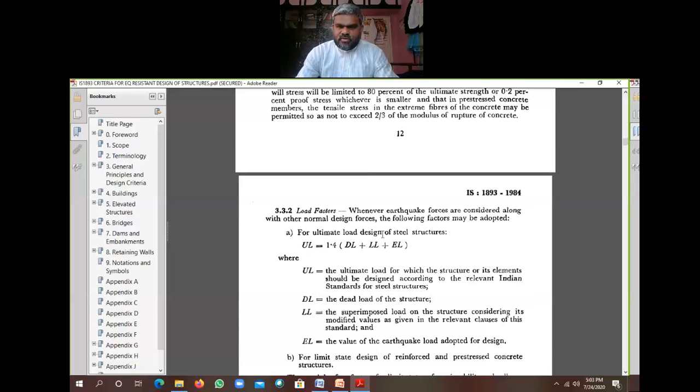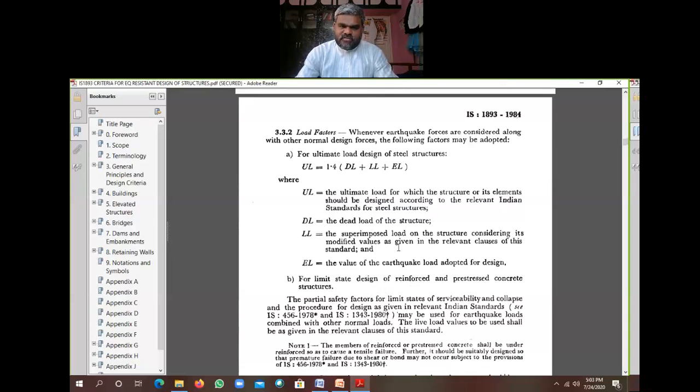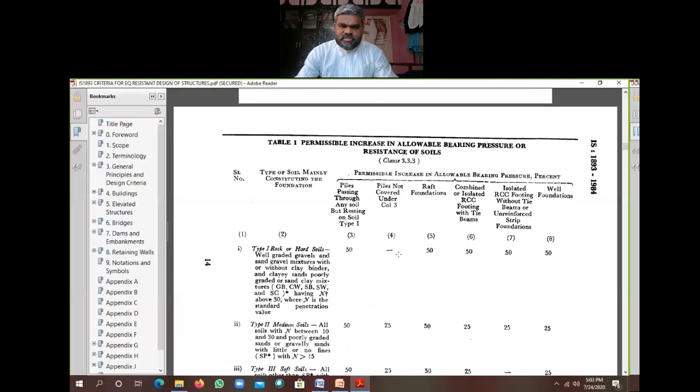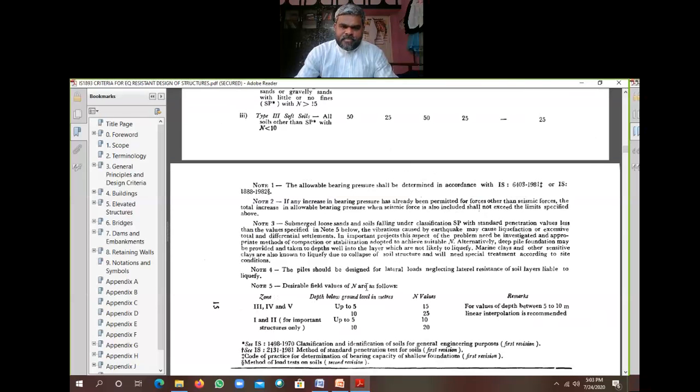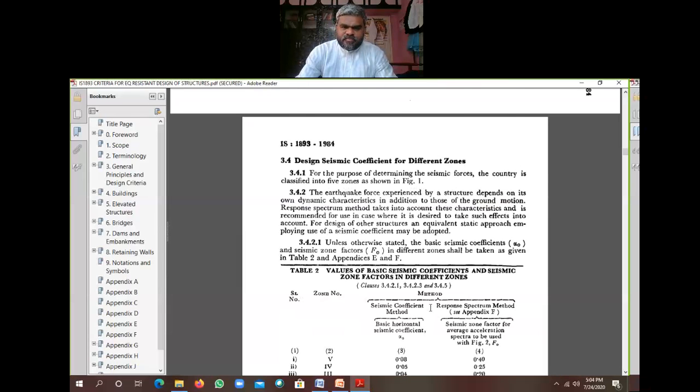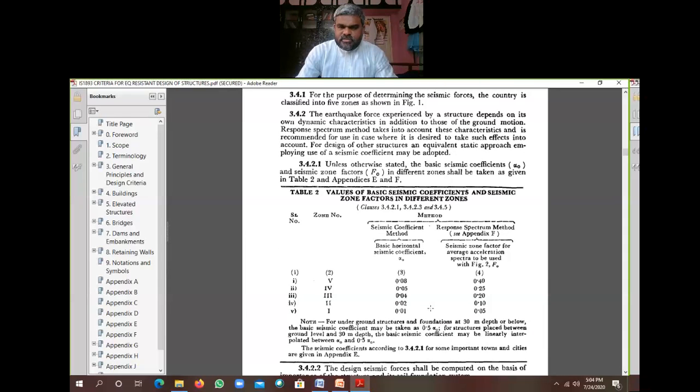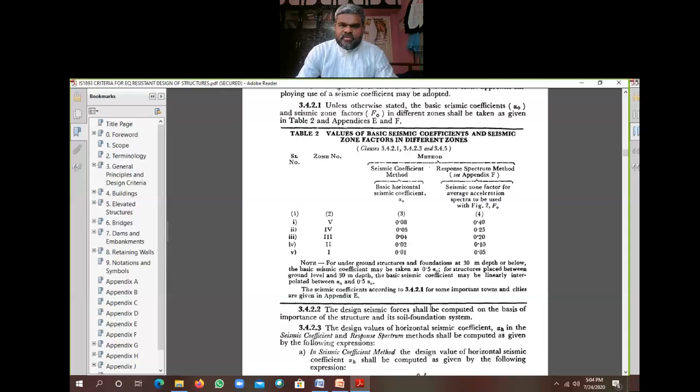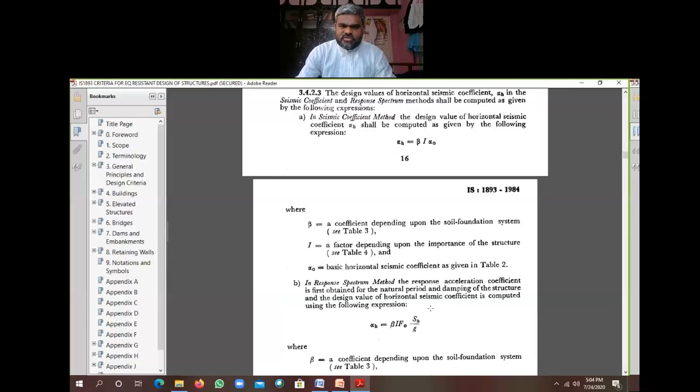So the ultimate load design for steel structures can be calculated as dead load, live load, and earthquake loads, right? This is the formula. See, depth below ground level in meters: for zone 3, zone 4, zone 5, up to 5 meters you have to go, and zone 1 and zone 2 is up to 5 meters for structures only. N value is given like this. These are some values of the basic coefficient of seismic zone factors in different zones.